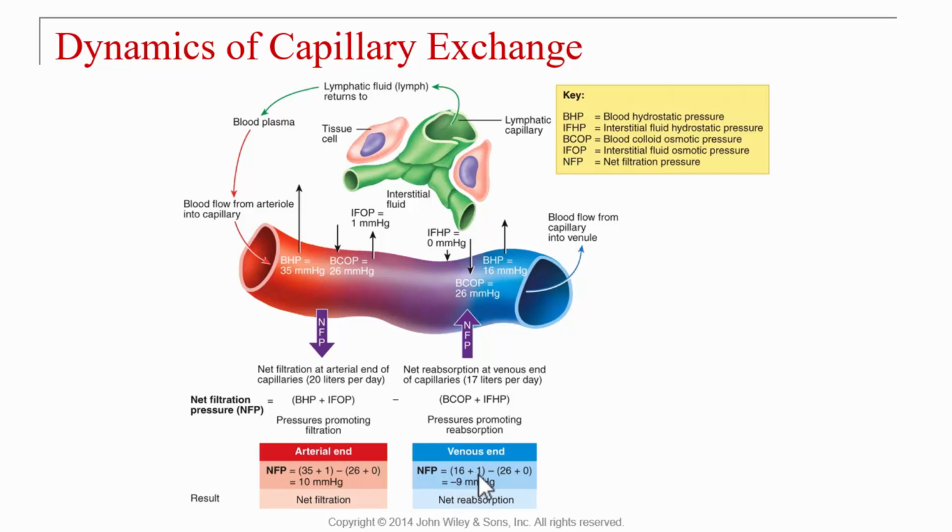So we have our 16 plus 1, so 17, minus 26. Again, that gives us negative 9 millimeters of mercury pressure. And fluid will flow out of the tissue and back into the blood.